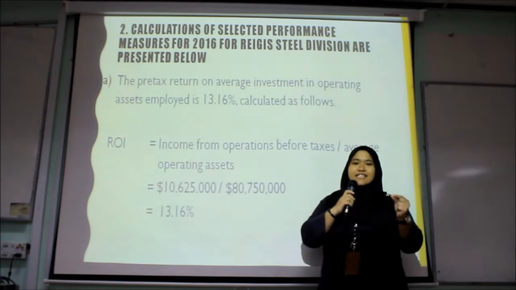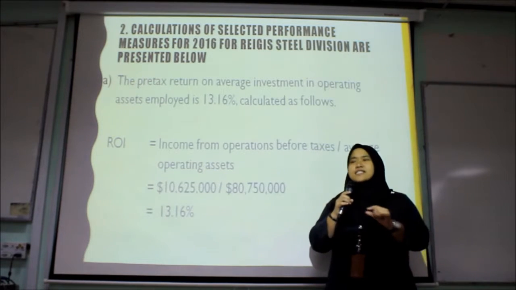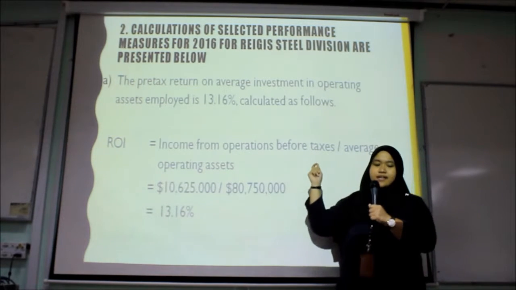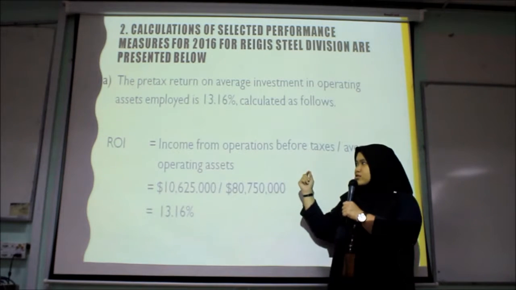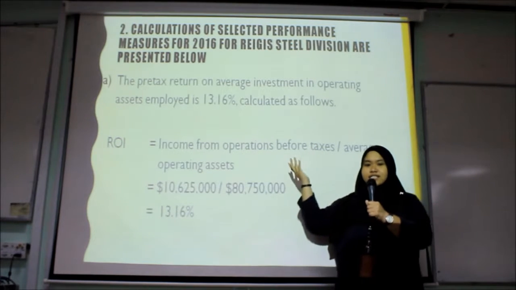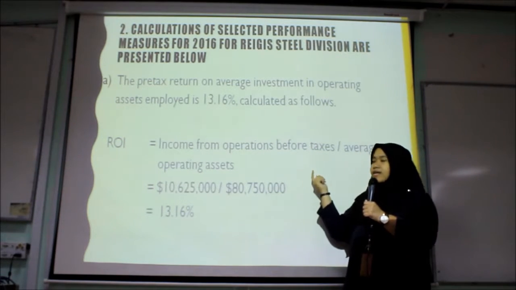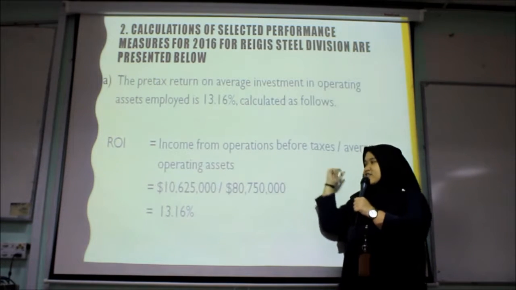The pre-tax return on average investment in operating assets employed is 13.16%. We use the ROI formula, where we divide the income from operations before taxes, which has been stated in the question, by the average operating assets, also stated in the question.